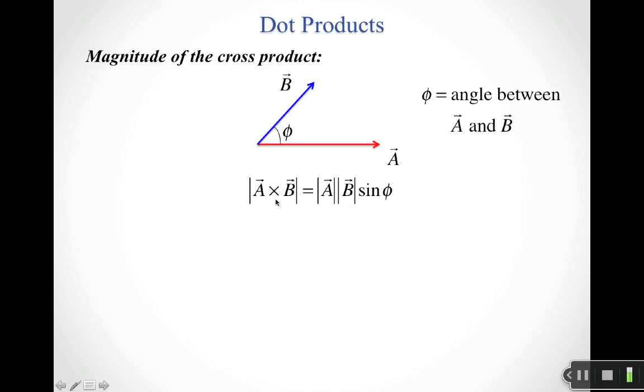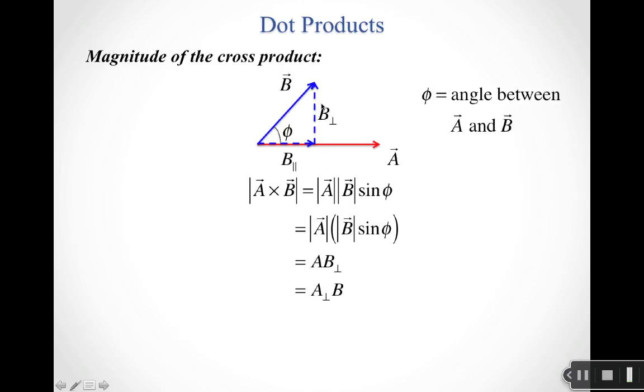Now, if I want to think about the magnitude of the cross product, well, it works out that I can calculate the magnitude of the cross product by thinking about the magnitude of vector A times the magnitude of vector B times the sine of the angle phi, where the angle phi is again defined to be the angle between vectors A and B. So I can think about this sort of in 2 ways. One is I can kind of rearrange and put the B sine phi term together as a single piece.